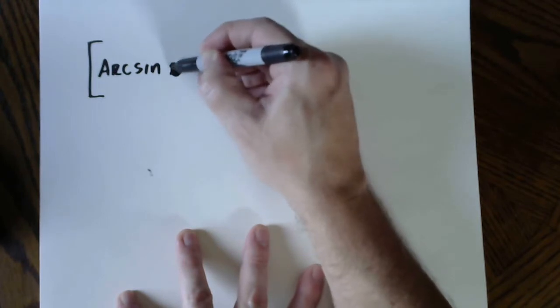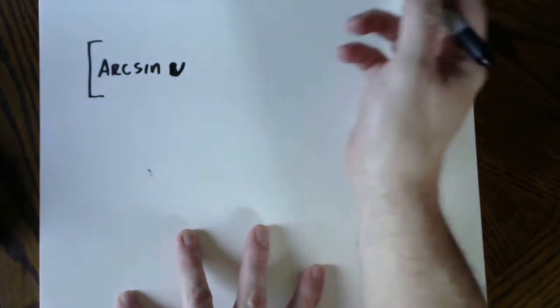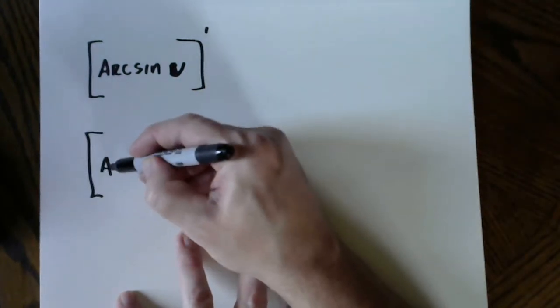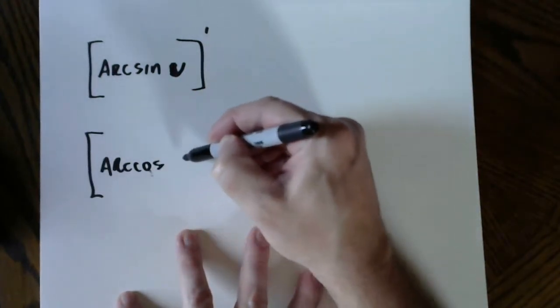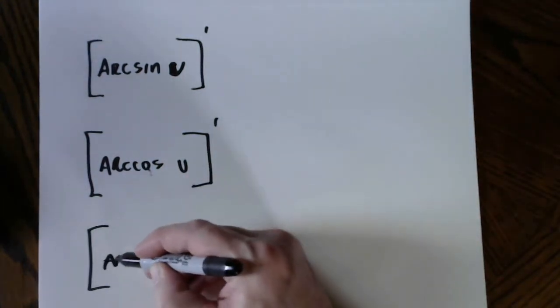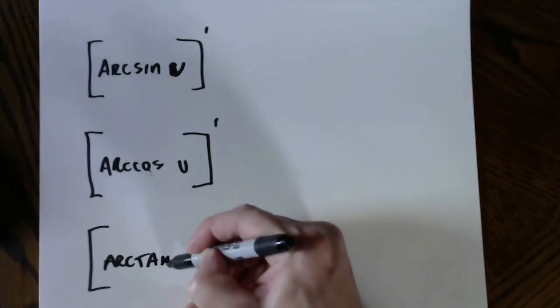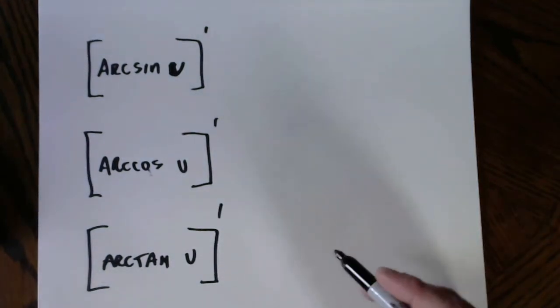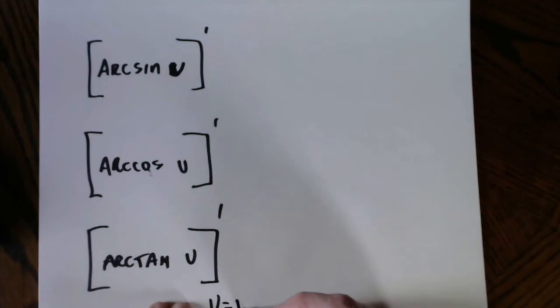U, sorry. I don't like the way that looks. That's a U. Arc cosine. And arctan. And remembering, U is an expression or a function in x.